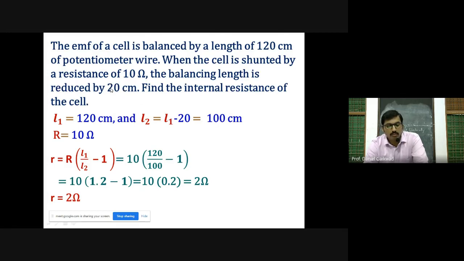Reduced by 20 means initial length 120 minus 20, that is equal to 100 centimeters. So check carefully. Before writing the given, you should read the problem two times and then accurately write down the given, then use the formula and calculations, then the result, and the proper unit we have to mention here. So those are the steps of solving problems.